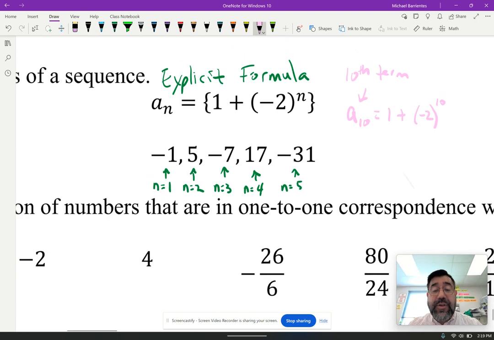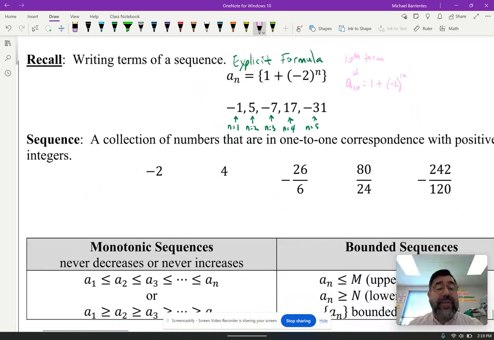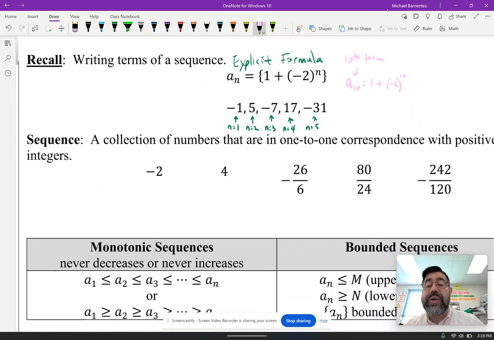So just as a reminder, a sequence is a collection of terms that are in a one-to-one correspondence with positive integers. That's a fancy way of saying a sequence is a list, an ordered list of terms where the term position matters, right? So this is N1, this is N2, this is N3, this is N4, this is N5.